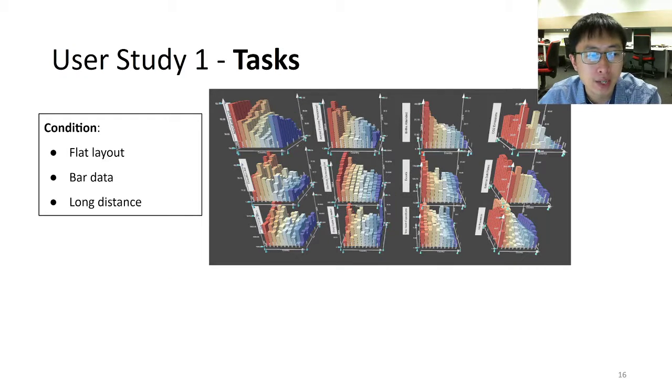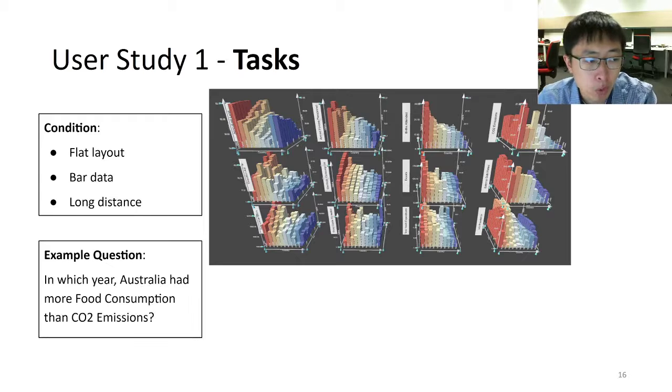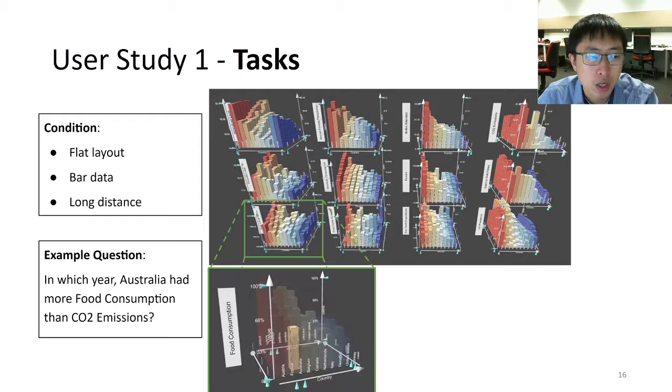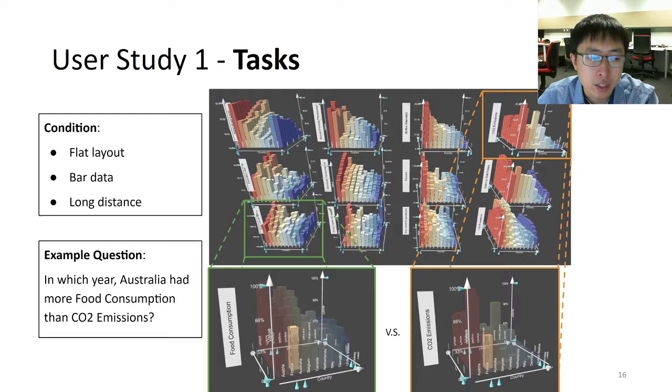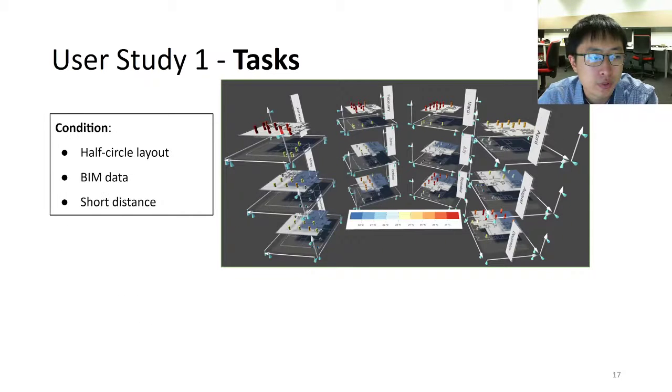Here's one of the tasks that we designed, with a condition of a flat layout, a bar data, and a long-distance comparison. The example question is, in which year Australia had more food consumption than carbon dioxide emissions? The users will look at the food consumption chart first, and then they will compare with the carbon dioxide emissions chart using the analytics tools such as brushing.